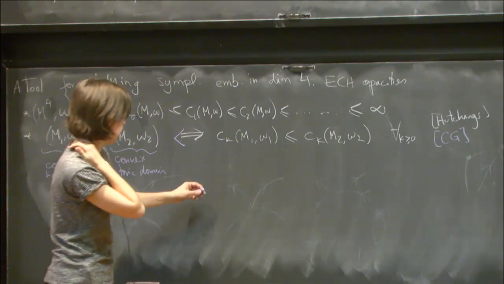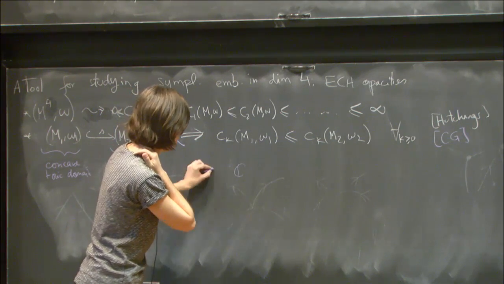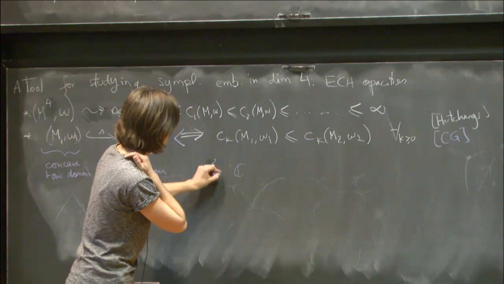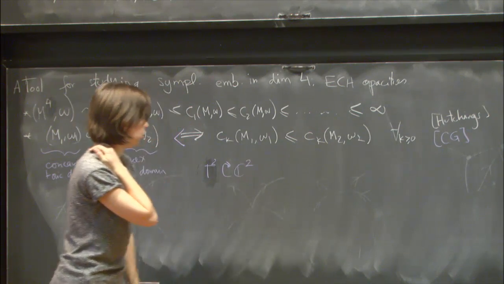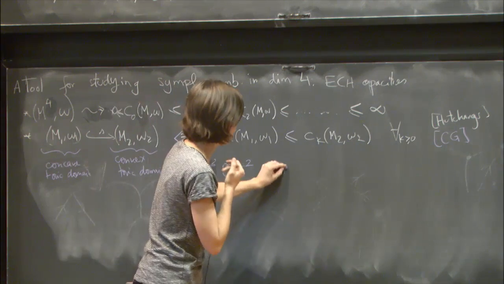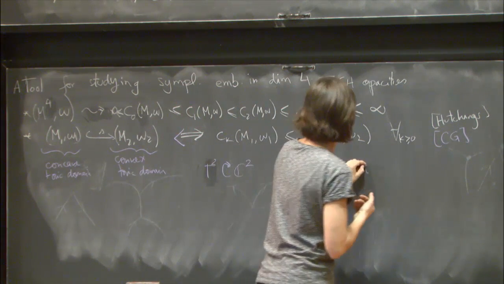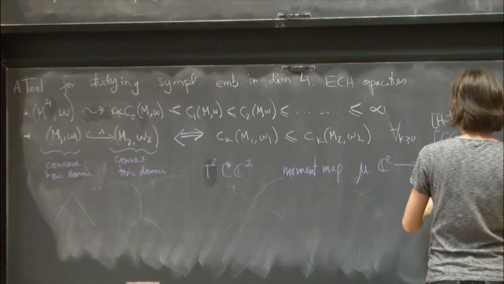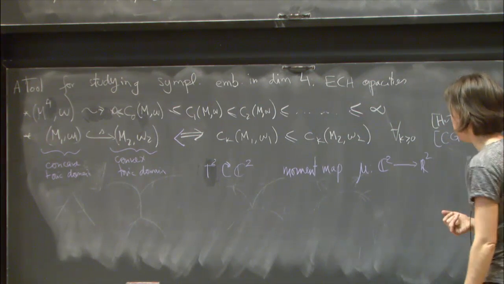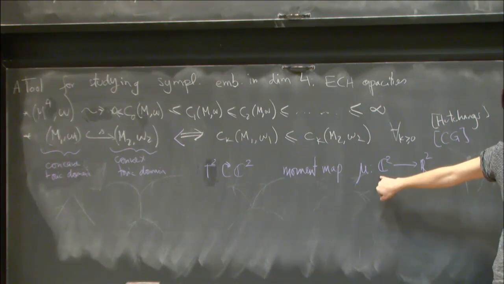So a toric domain: we have the T2 action on C2, the usual torus action on C2. We have a moment map from C2 to R2, and then you can think of some region in R2 and think of its inverse image under the moment map, and that's going to be a toric domain.